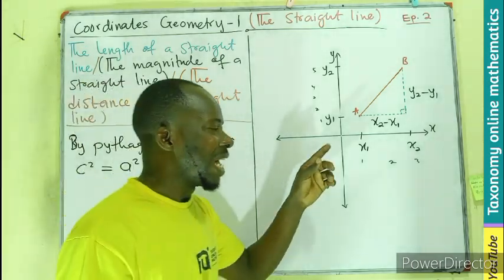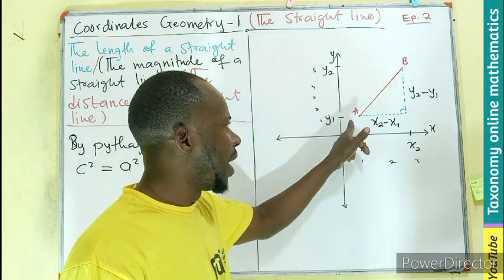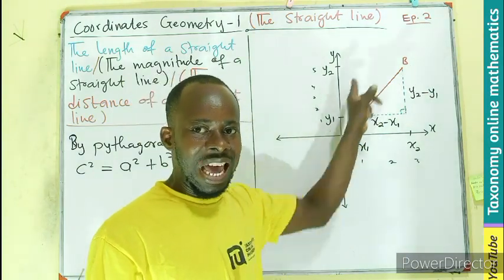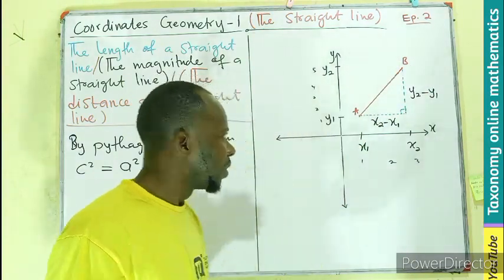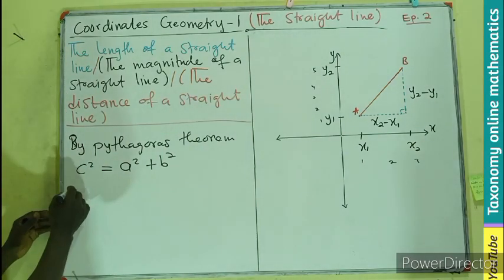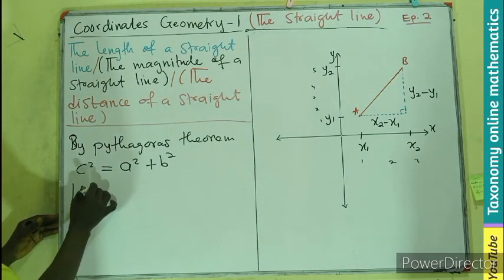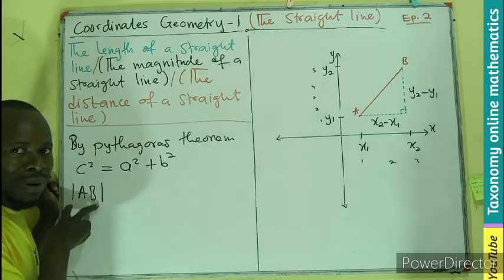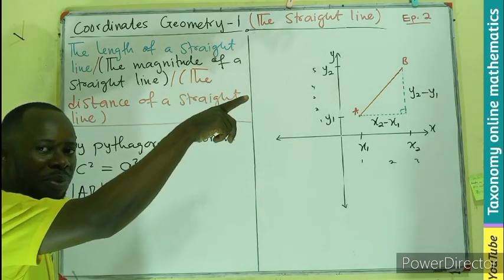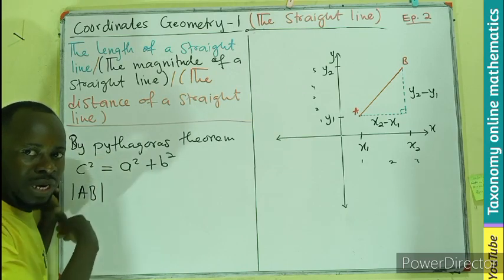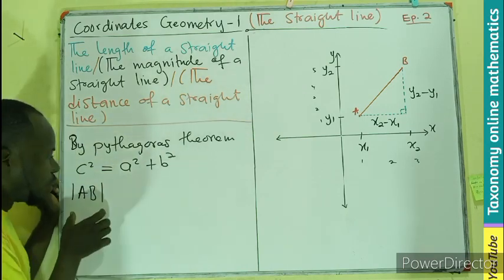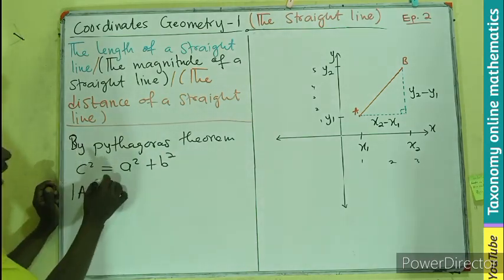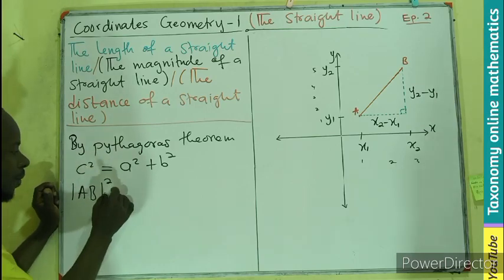In this case, that's the distance we are looking for, AB, the length between A and B. So if I'm looking for the length of AB, we use this to indicate the length or the magnitude of the line AB. So you're looking for the magnitude, the modulus, the distance. We use this. So this is going to be squared, since this represents c.